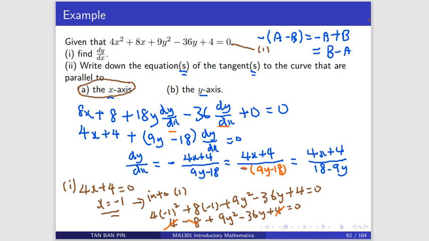So you are left with 9y squared minus 36y equal to 0.